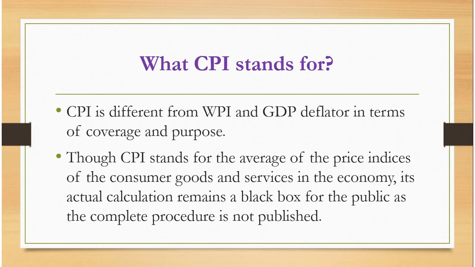One important thing is that the consumer price index, though it is a very beautiful concept, stands for the average price indices of the consumer goods and services in the economy. Its actual calculation remains a black box for the public because the actual procedure of calculation of CPI is not published by the calculation agencies.